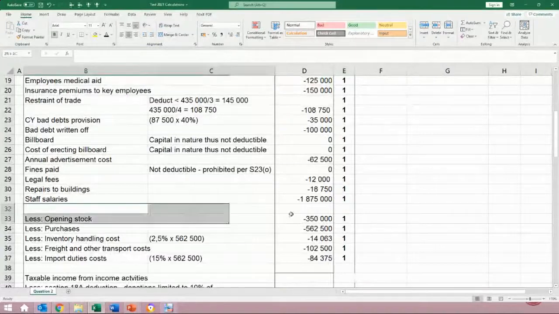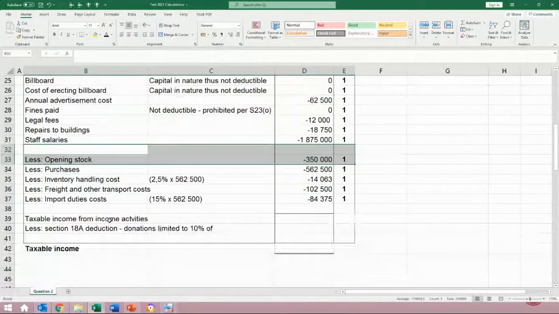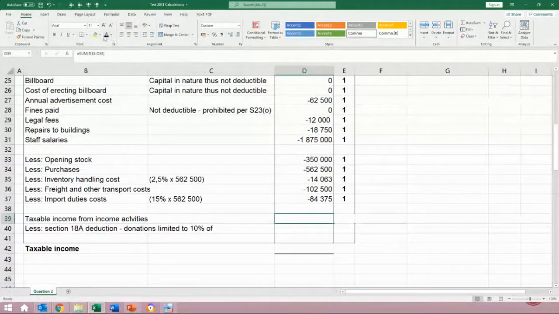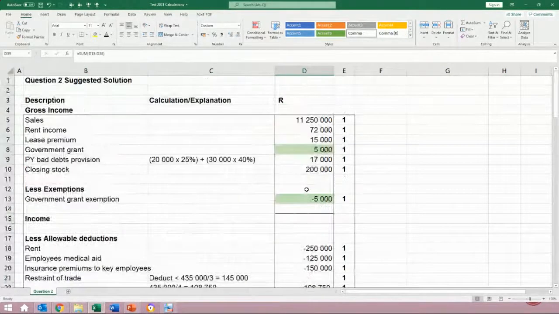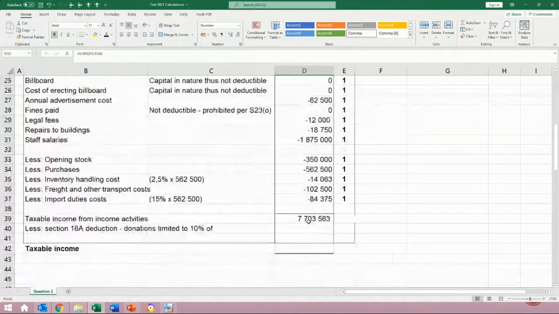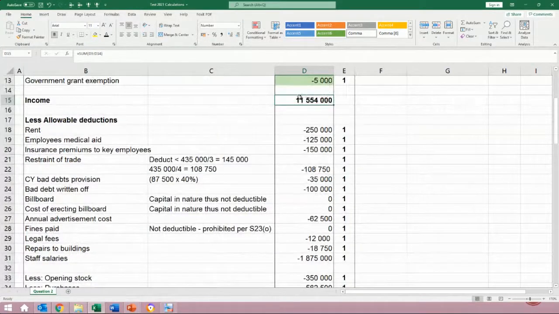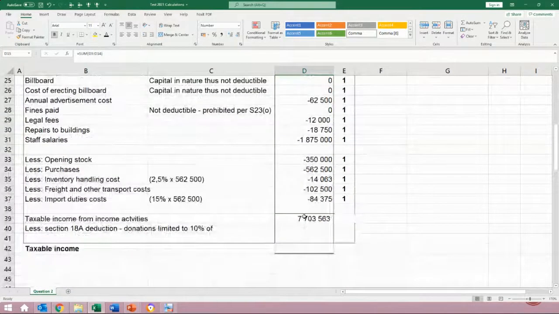Now the last step that we had to do for the donation, you first do a subtotal by adding, sorry, this is the income. So by adding your income and then subtracting all of these liabilities from that amount, you work out what is your taxable income from your income activities.